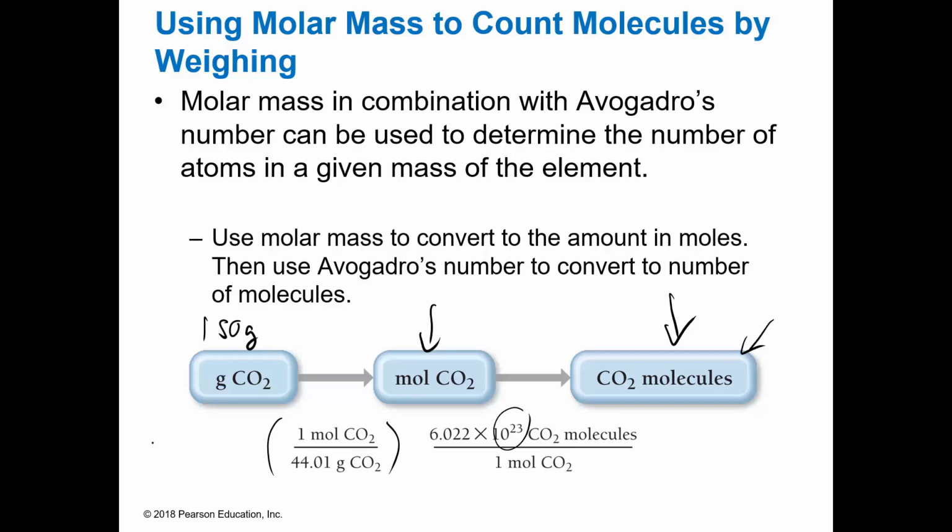And so if you have 150 grams of CO2, you first multiply by 1 mole divided by grams, and then you multiply by molecules of CO2 divided by 1 mole, and you get an answer in molecules here, right? So two-step conversion. You go from grams to moles, and from moles to molecules.